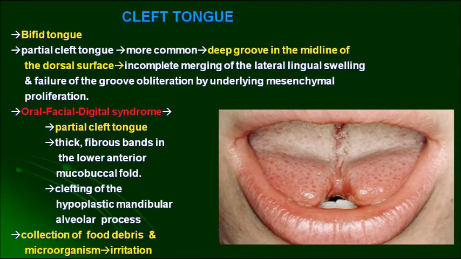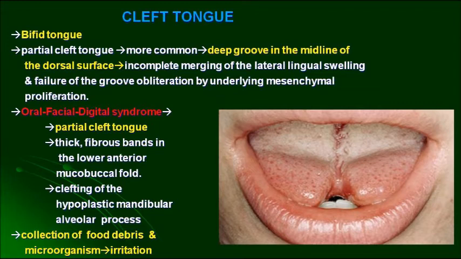Coming on to clefting of the tongue, okay, cleft tongue or bifid tongue. These terms are very confusing and will be asked directly like that within the MCQ. So options will be like cleft tongue or bifid tongue can be seen. So bifid tongue means what? See the picture. You can see a small deep groove in the midline of the dorsal surface, isn't it? It is most commonly associated with which syndrome?